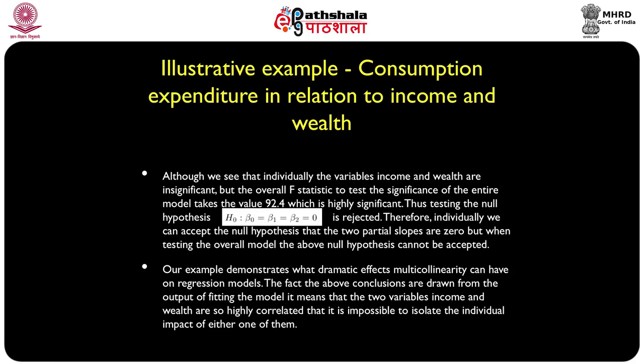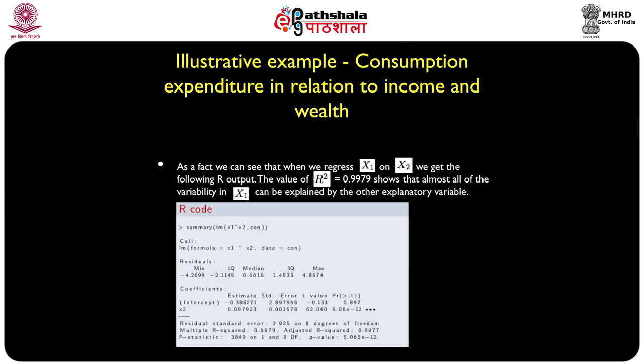The fact that the above conclusions are drawn from the output of fitting the model means that the two variables income and wealth are so highly correlated that it is impossible to isolate the individual impact of either of them. As a fact, we can further illustrate multicollinearity by regressing X1 on X2.